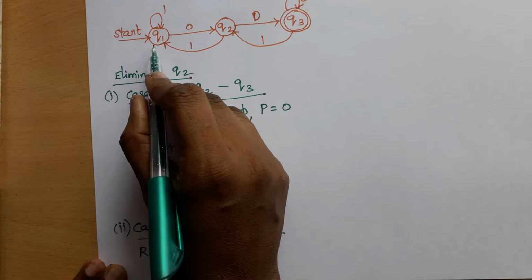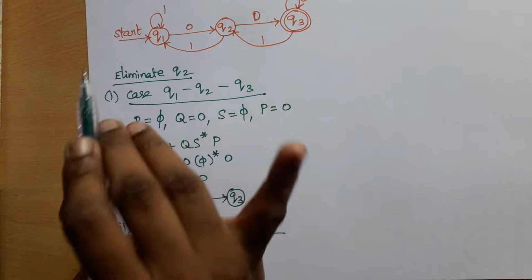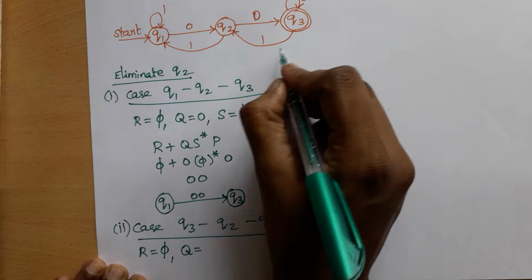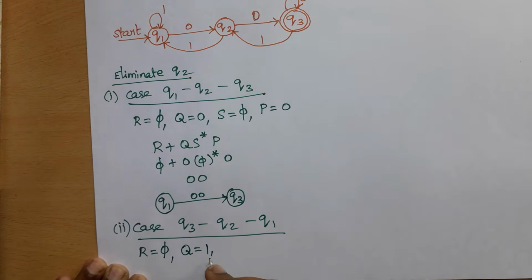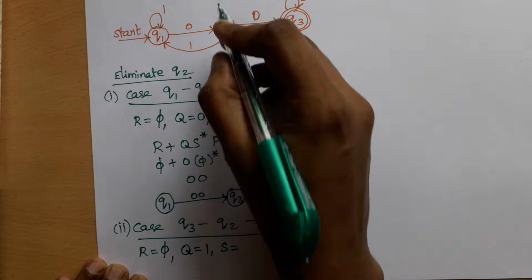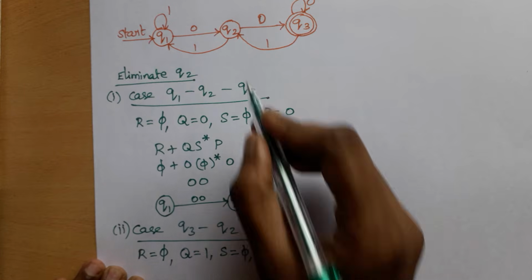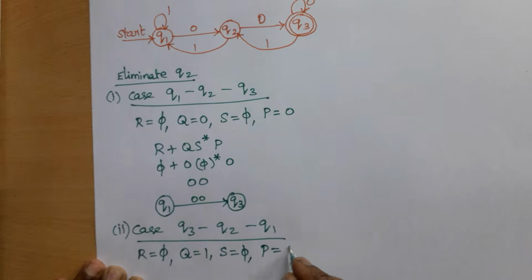From Q3 to Q1, there is no direct arc, so φ. Then Q, predecessor to eliminating state, Q3 to Q2, so 1. Q2 to Q2, there is no arc, so φ. Then P, eliminating state to successor state, so Q2 to Q1, the arc is 1.